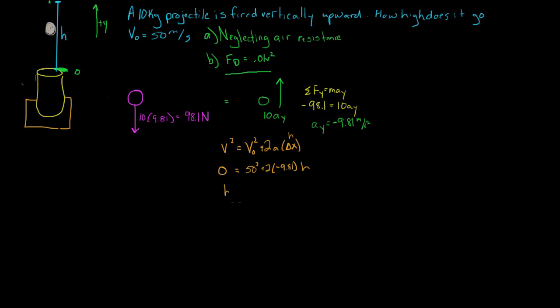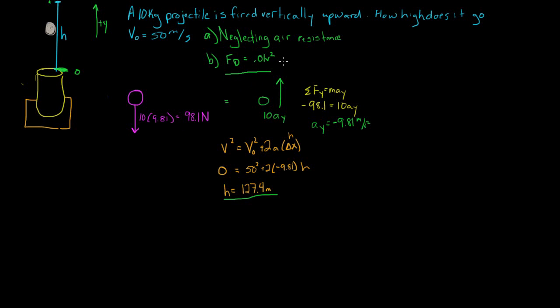When we solve for h, we get h is equal to 127.4 meters. And it's a respectable number. This is saying that when this cannonball is fired with an initial velocity of 50 meters per second, it gets to a height of 127.4 meters above the ground.